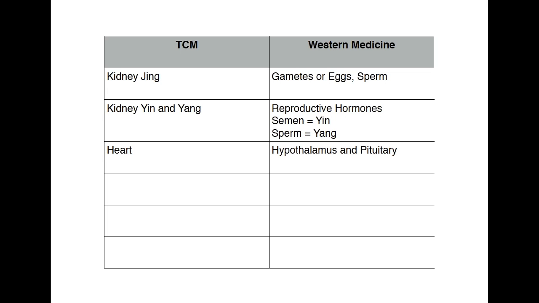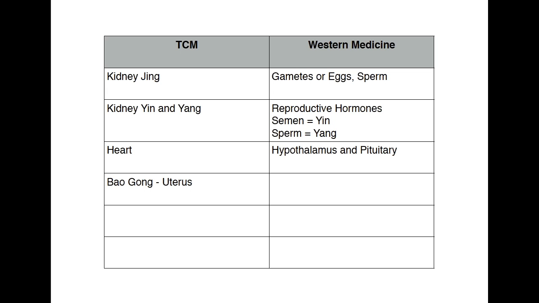For men, it's also very closely linked to fertility. Basically, all the reproductive hormones in Western medicine are associated with kidney yin and yang. Semen is yin and sperm is yang for men. And in women, as we'll see later, the whole menstrual cycle can be divided up into a big transition between yin and yang, which we'll do later.